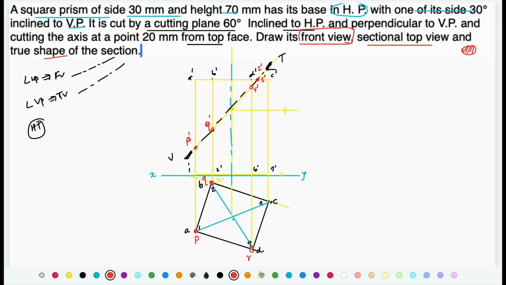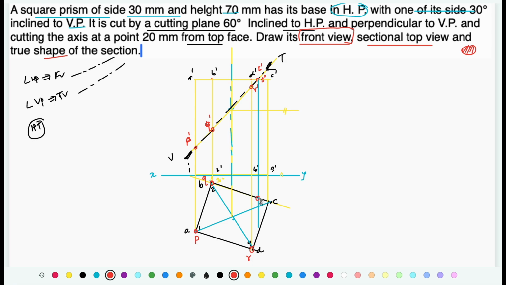Now s and t. S and T is intersection with the top face in between BC and CD. So let me use different color. Project this CD, project this T and S and T vertically downward on the edge BC and CD. Where is BC? This is BC.